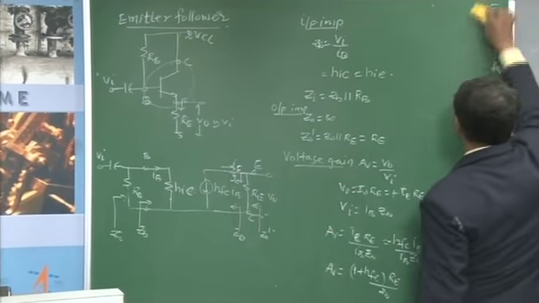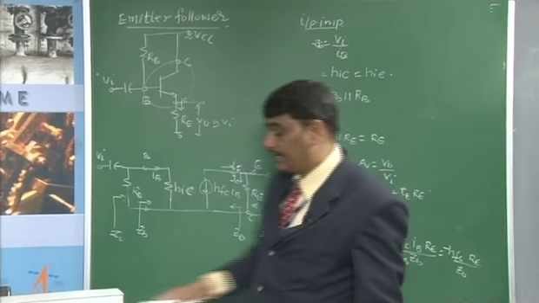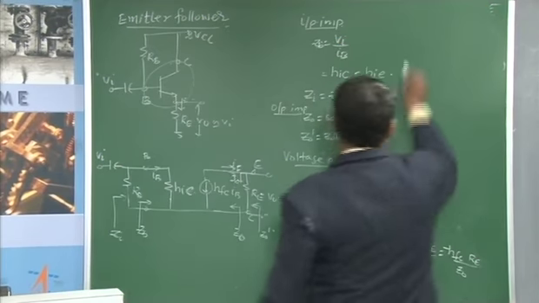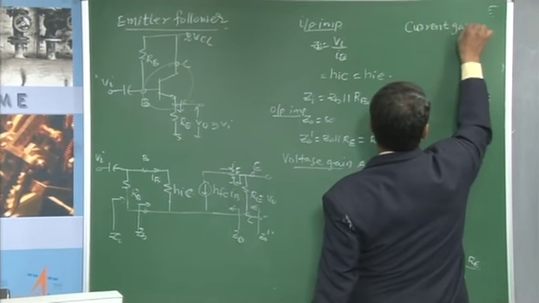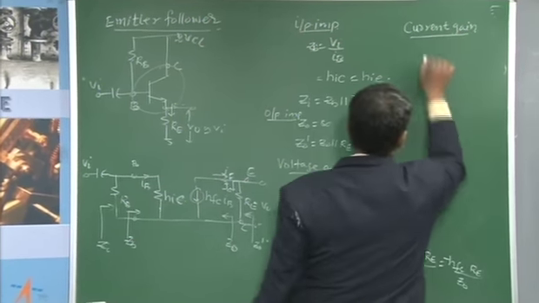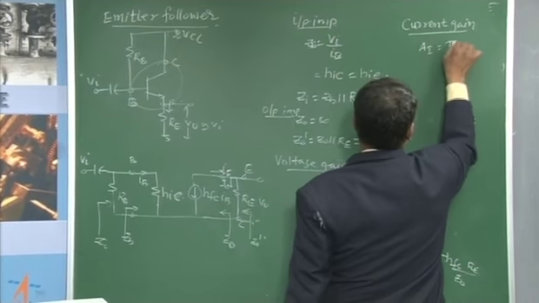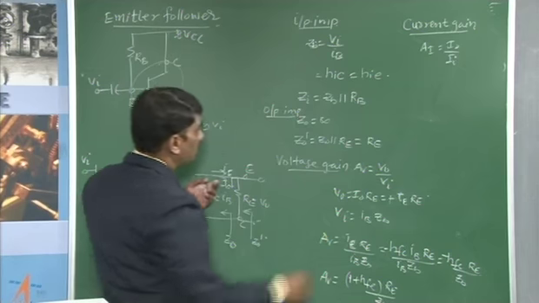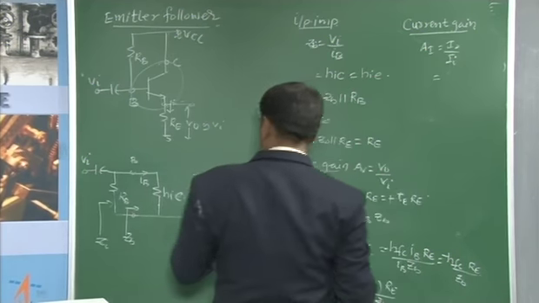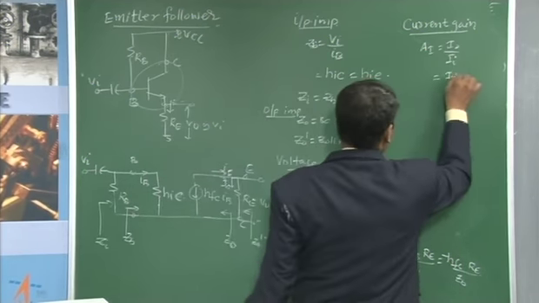Next, we need to calculate the current gain. Current gain AI is equal to I0 by II, where I0 is equal to IE.